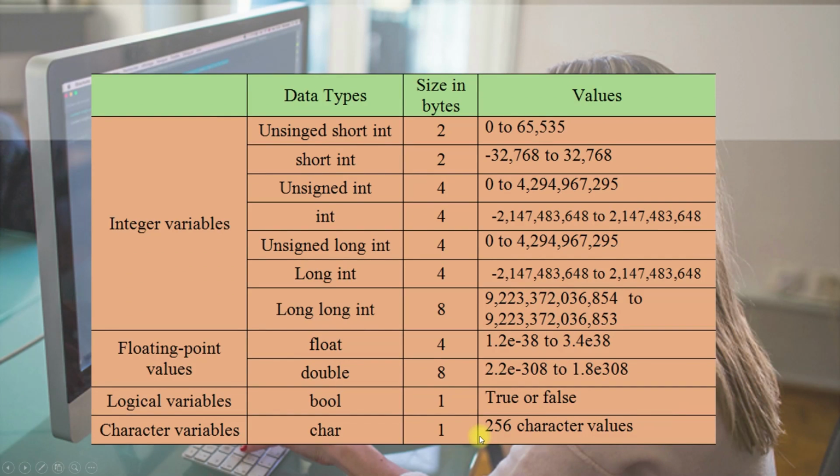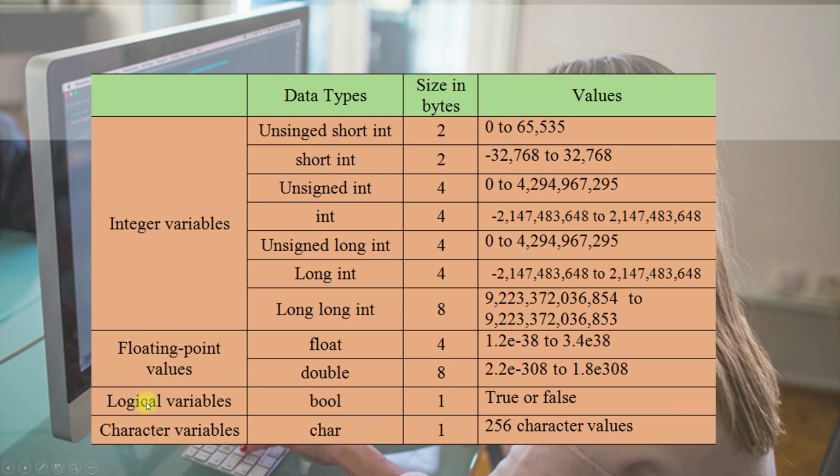Okay, types of data type. I told you we have different types for integer variables. We have different types for floating point variables. When I say integer variables, it means those variables whose data type is what? Integer. Floating point variables, those variables whose data type is what? Floating point.